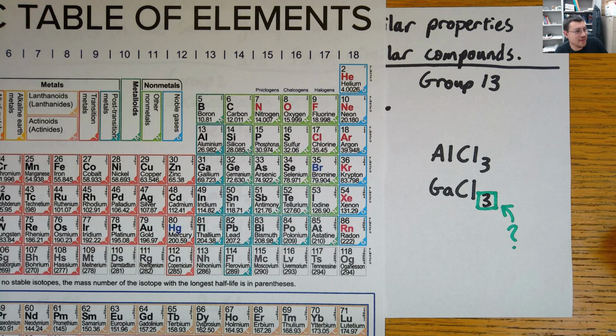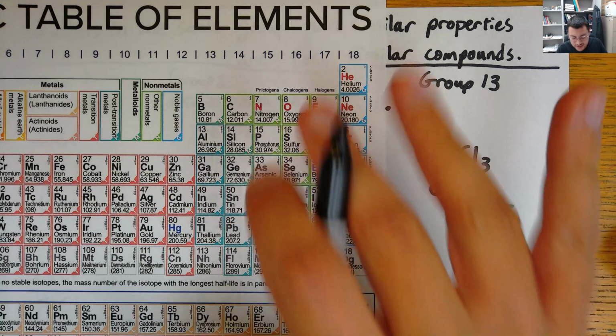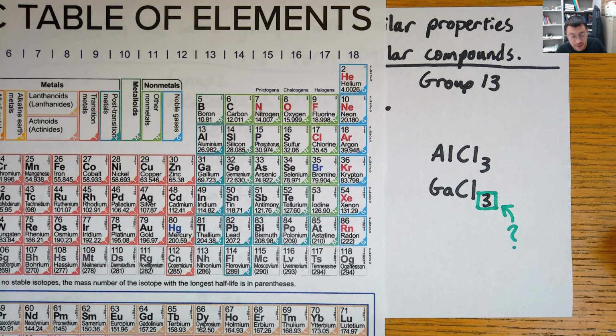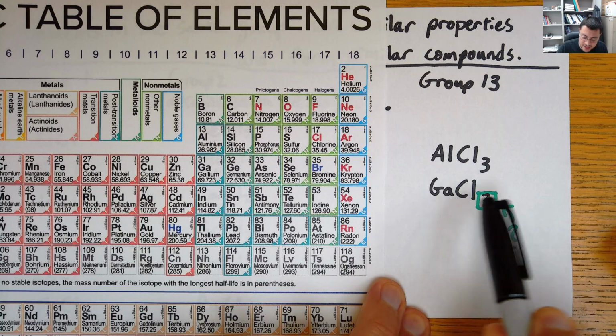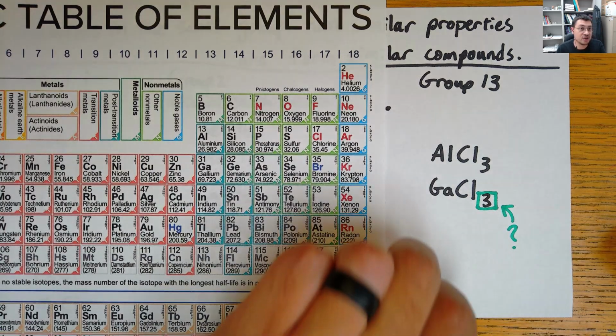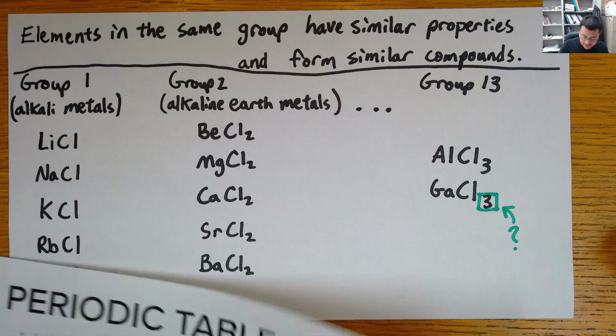And that is true at times, but the periodic table is here to give us a predictive power, a good first guess for how things will be. All right, and indeed gallium does form a compound with 3 chlorines. All right, so that's the purpose of the periodic table.